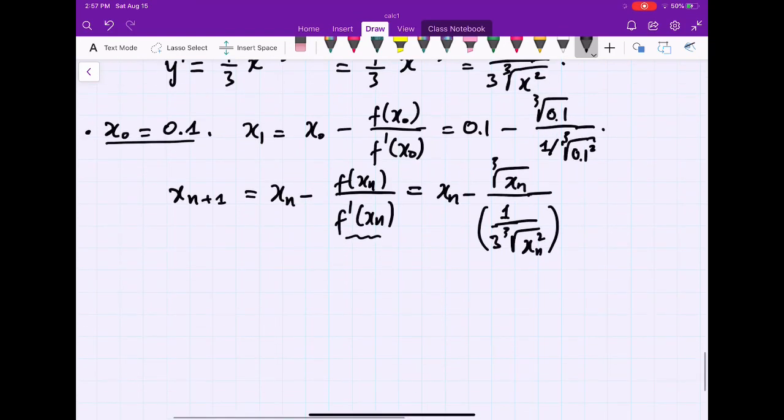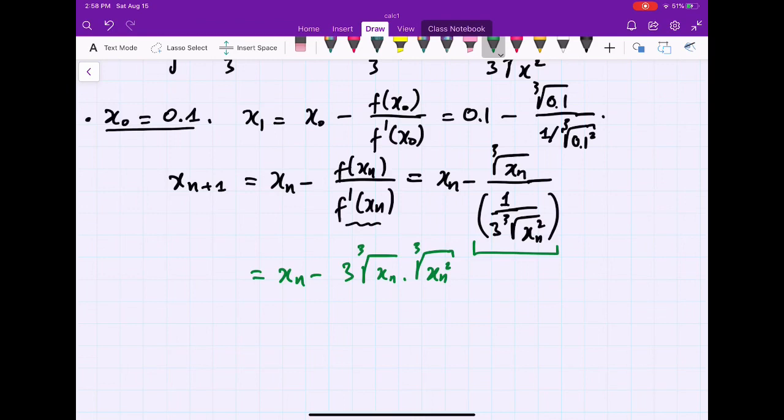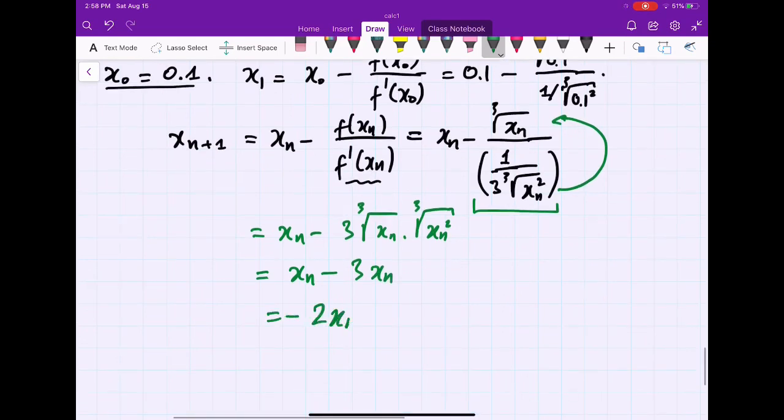So if you simplify this part, you get xn minus 3 cube root of xn times cube root of xn squared. Is that correct? Because you divide by a fraction, so you multiply by the inverse, right? You flip this to the top. So you have xn minus 3xn, which is negative 2xn.